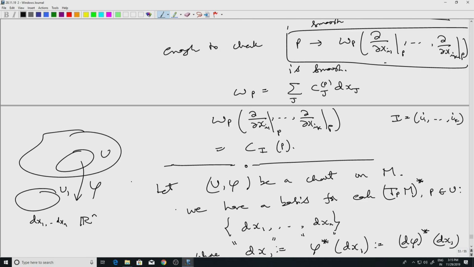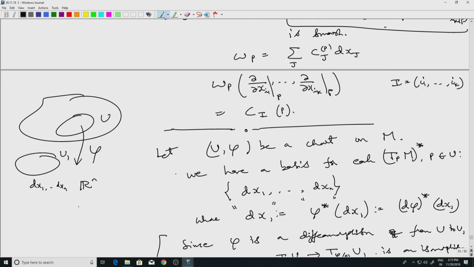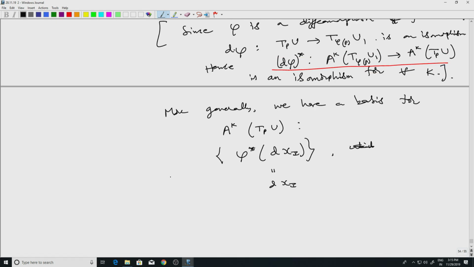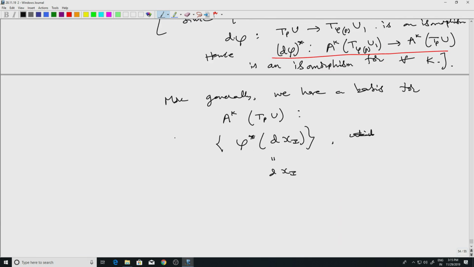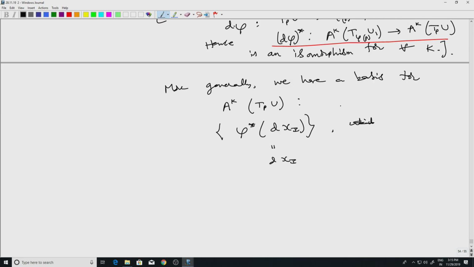We'll use the same notation as if we were on open subsets of Rn, as long as we are inside the chart. If you want to know what it literally means, there is this chart map involved, which is omitted in this standard notation, and you just write dxi.